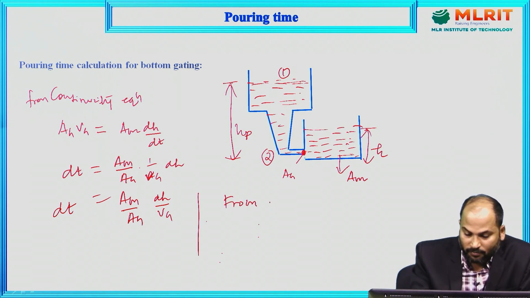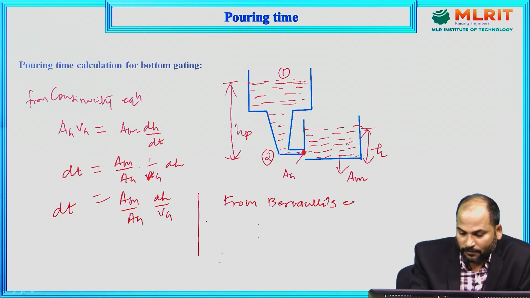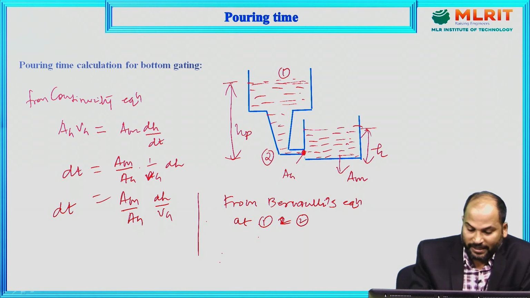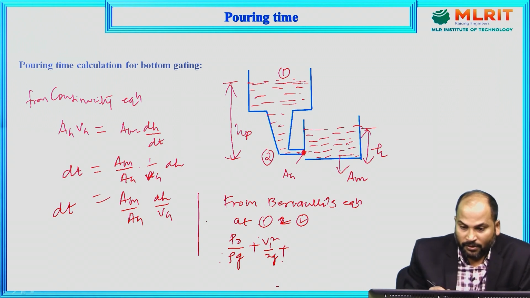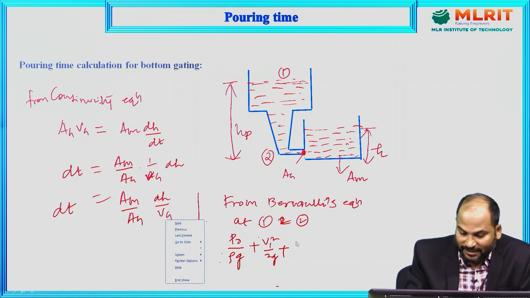From Bernoulli's equation at 1 and 2, we can write P naught upon rho g, here the pressure is atmospheric, plus velocity V1 square upon twice g plus the height, that is HP.